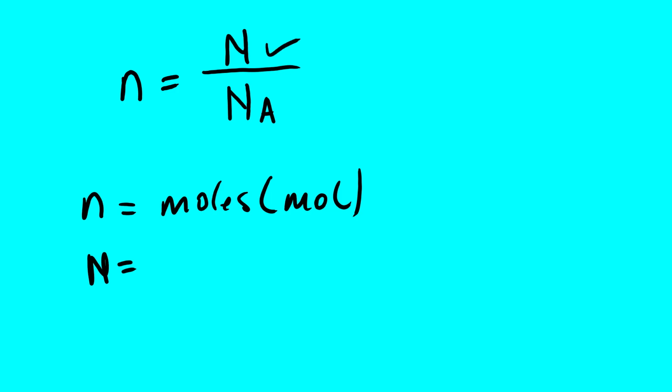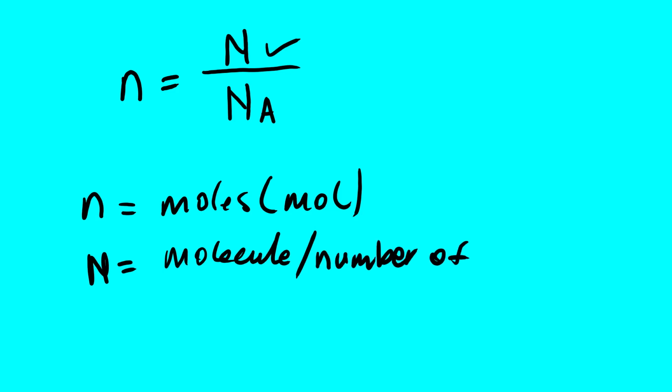The N on the numerator stands for the number of molecules or the number of atoms. When the question says how many atoms does this substance have, think about this equation. And then Na is Avogadro's constant.